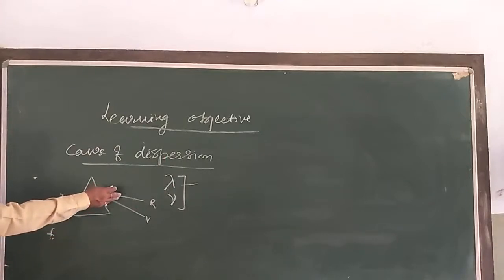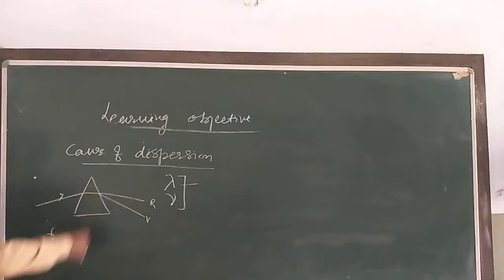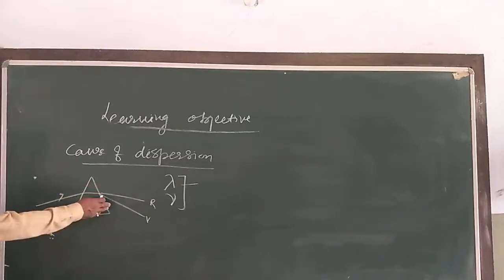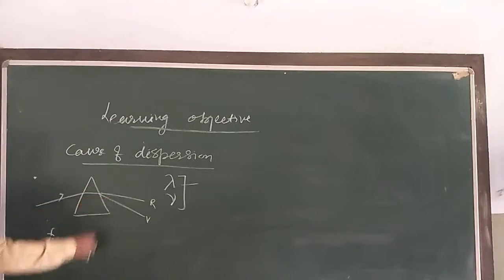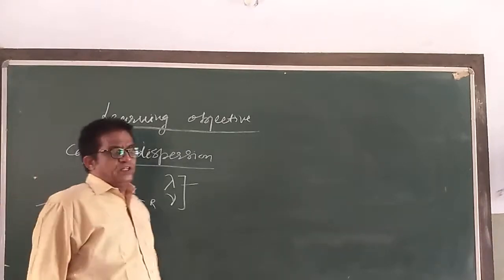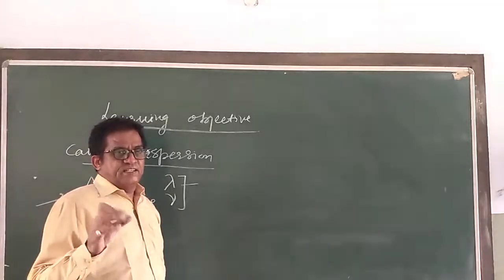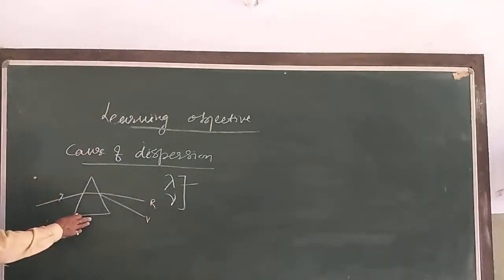So all these colors travel in air or vacuum with the same speed. But their speed in any other refractive medium, like glass or water, is different.